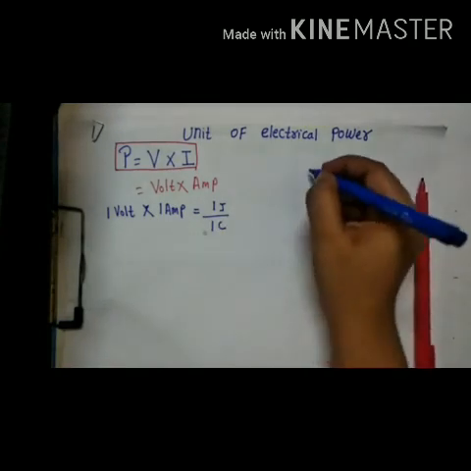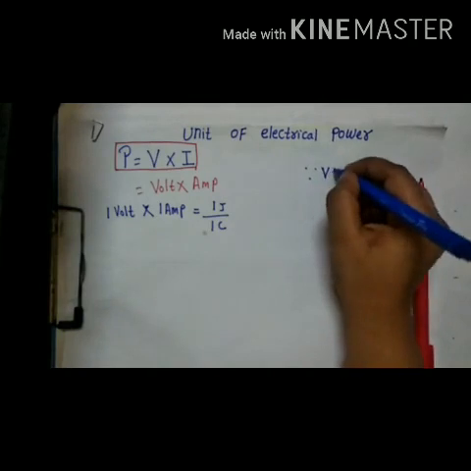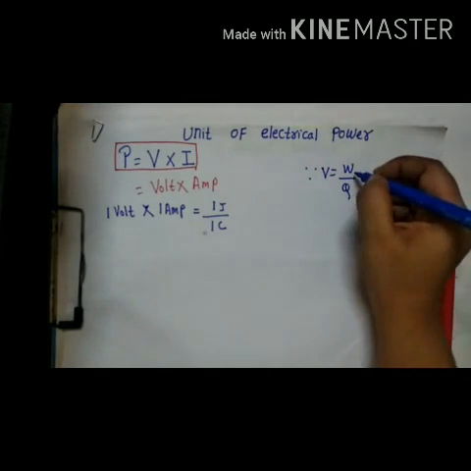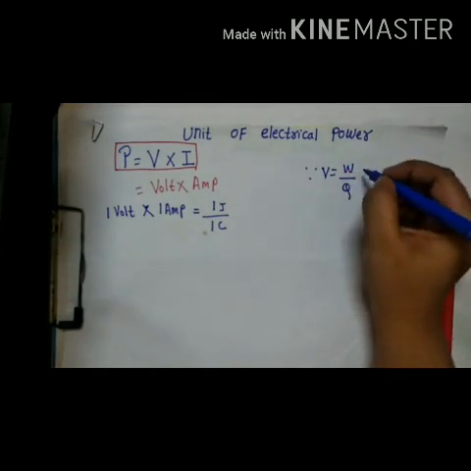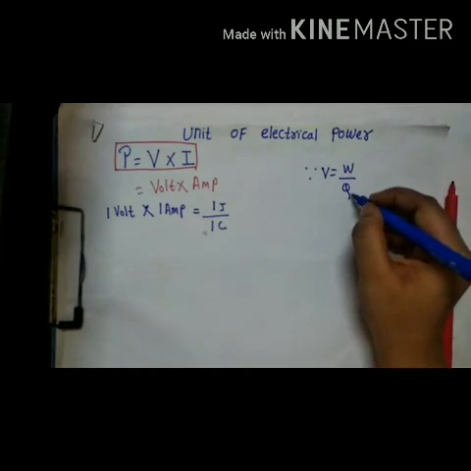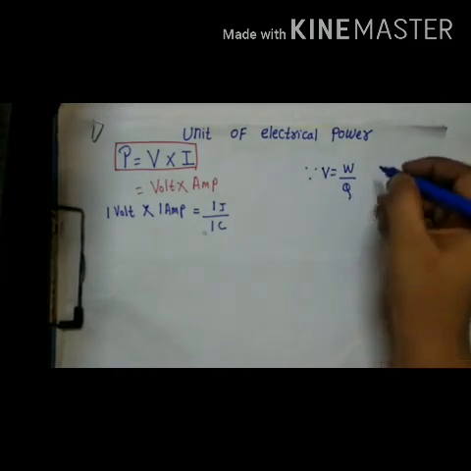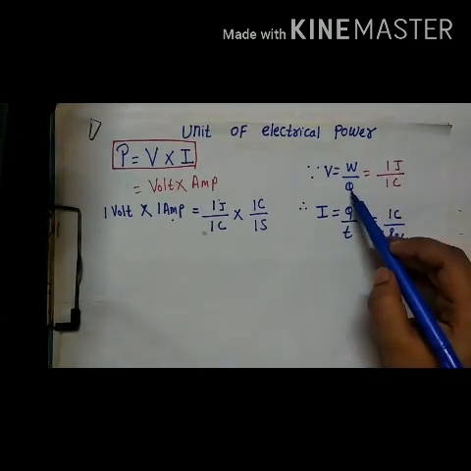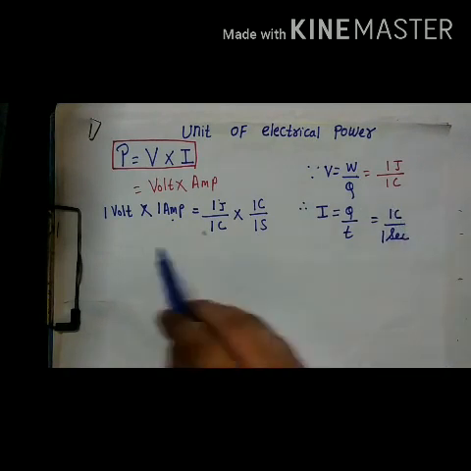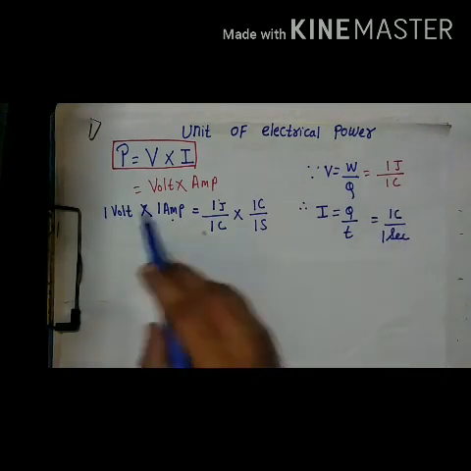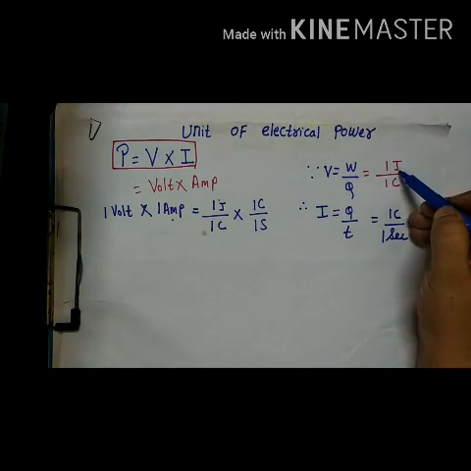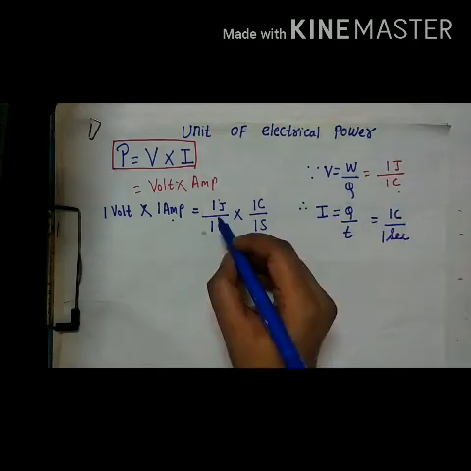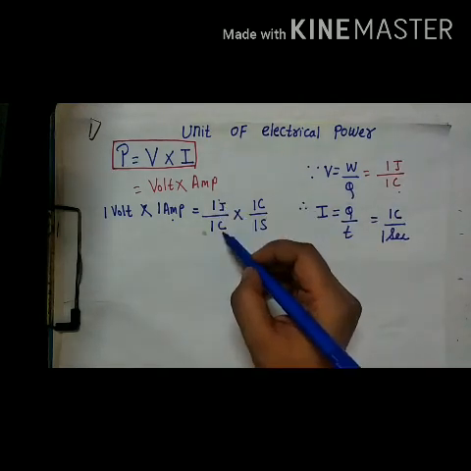Since V = W upon Q, that is potential difference is work done upon charges supplied. The unit of work done is joule and the unit of charge is coulomb. So for 1 volt potential difference, 1 joule work is done when 1 coulomb charge is supplied. It is substituted in place of 1 volt, we get 1 joule upon 1 coulomb.